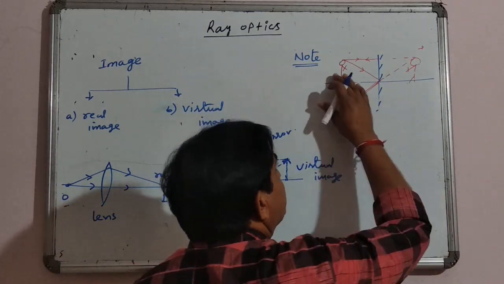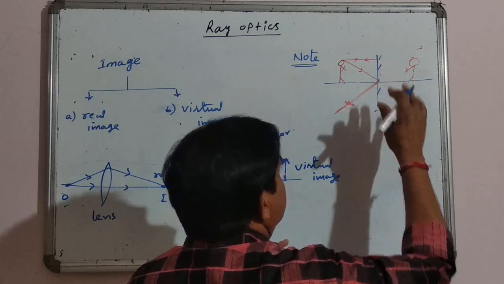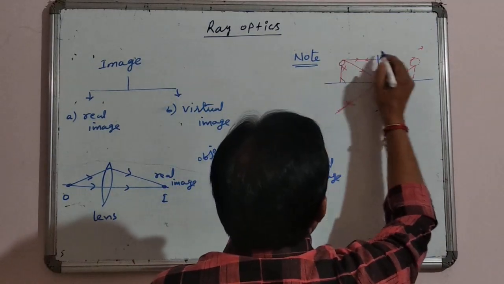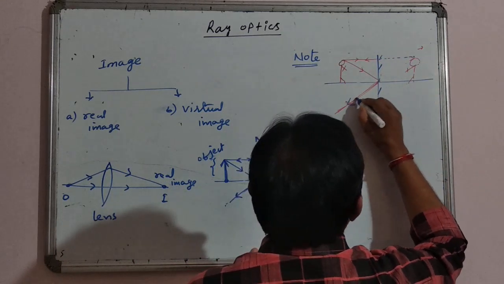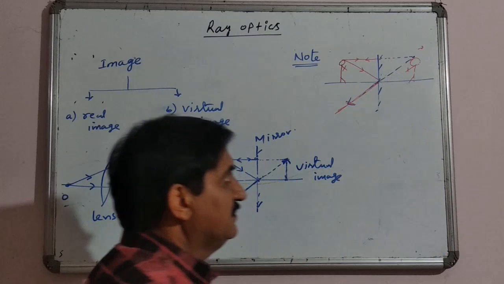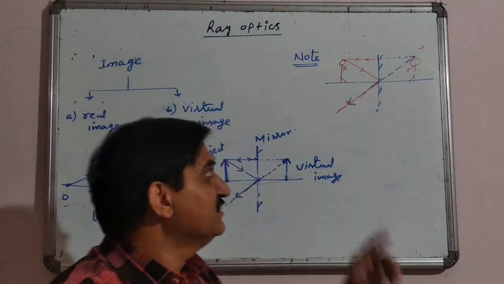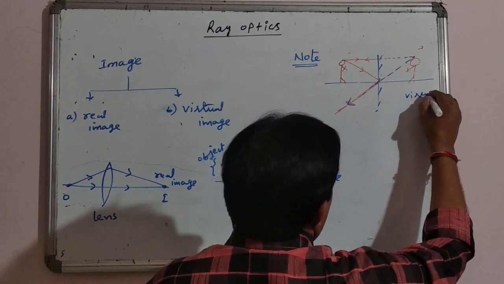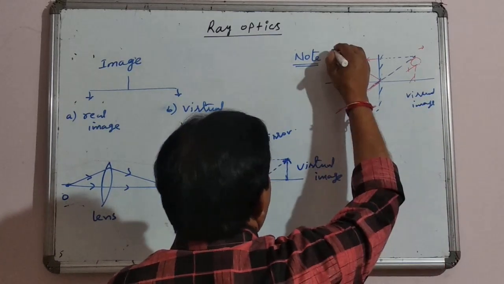Then its corresponding image is formed by virtual or apparent interception of light. The reflected light is extended back, and the image is formed there by the apparent interception. That image is a virtual image. Of course, this is a real object.